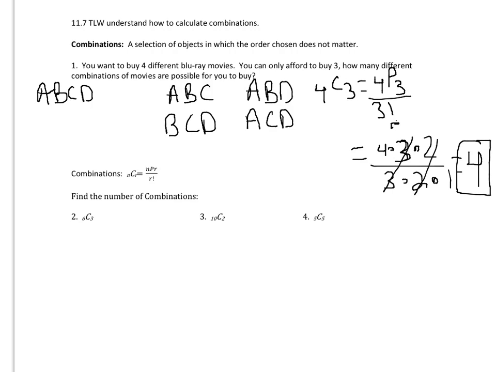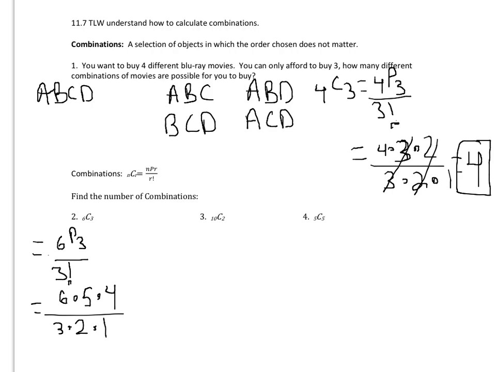Okay. So let's set up this one here. 6 choose 3. So it would be 6 permutation 3 divided by 3 factorial. And 6 permutation 3: 6 minus 3 is 3, so that means you cut out 3, 2, and 1. So you go 6 times 5 times 4 divided by 3 times 2 times 1.